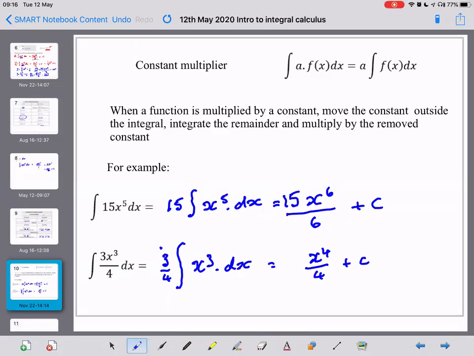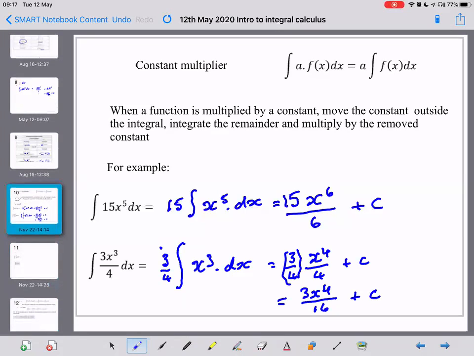We're going to multiply by 3/4. So it must equal 3x to the 4 over 16 plus c. All follow that? Good.